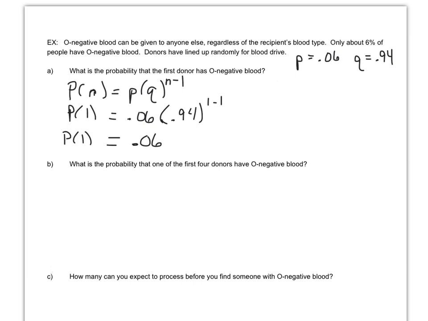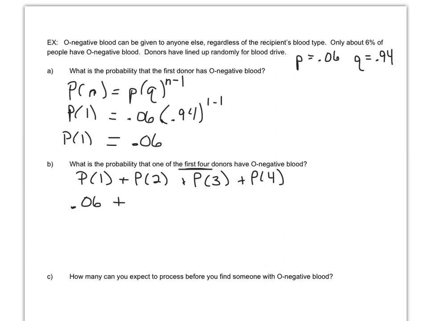So let's look at B. B says, what's the probability of one of the first 4 donors? So one of the first 4 donors could be the first success on the first trial, or, so I add, success on the second trial, plus it could be on the third trial, plus it could be on the 4th trial. So we're going to simply sum those probabilities. The probability it happens on the first, we already know, that's 0.06.